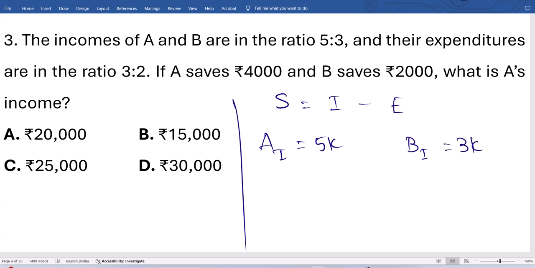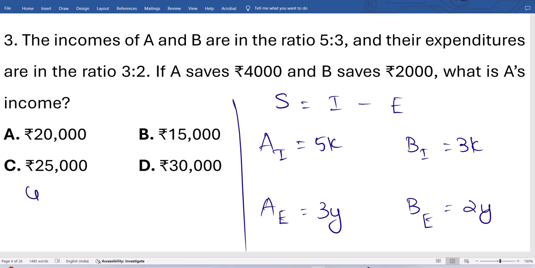Then the expenses of A and B are in the ratio 3 to 2. I can write this as 3Y and 2Y. Don't write K again, K is used. This is a different ratio, so use a different variable.